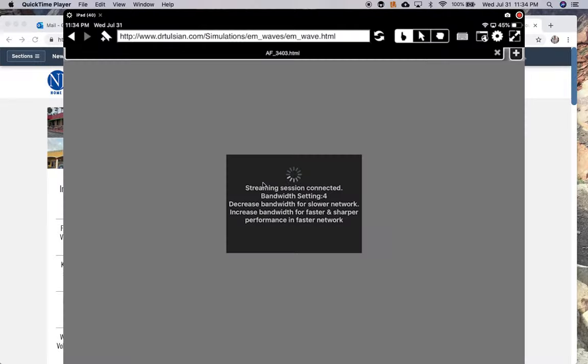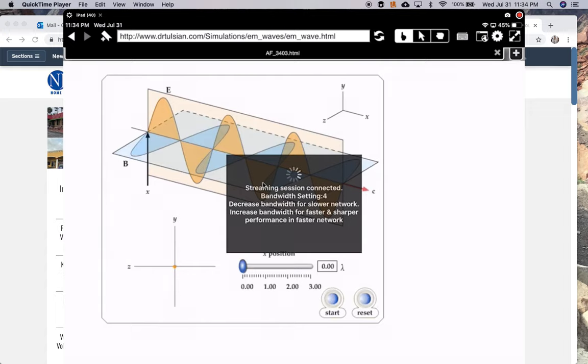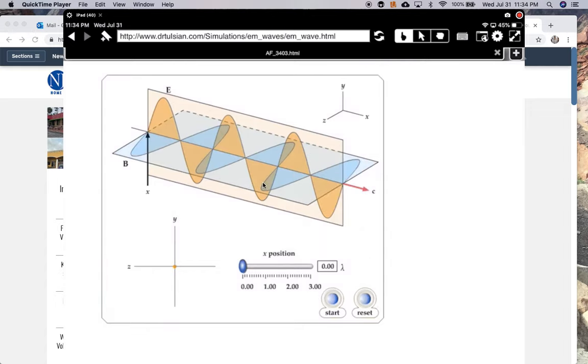All right, so imagine that you are getting light from a cesium atom.